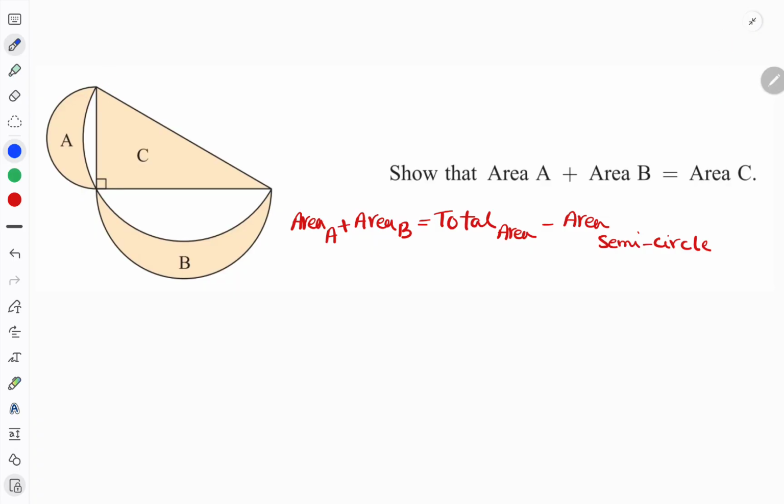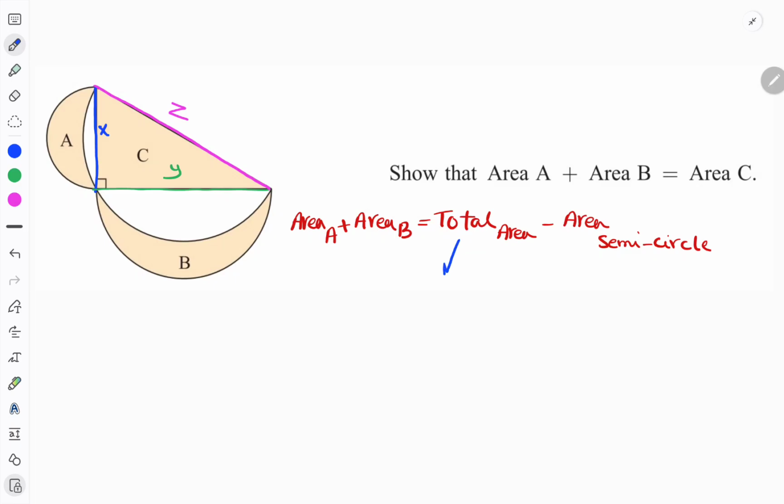Now I'm gonna consider this side of this right angle triangle X and the other side Y, and the hypotenuse is Z. Okay, for finding the total area, we have the small semicircle here and another semicircle here, and the area of this right angle triangle, which is C. And I'm gonna write all of them.